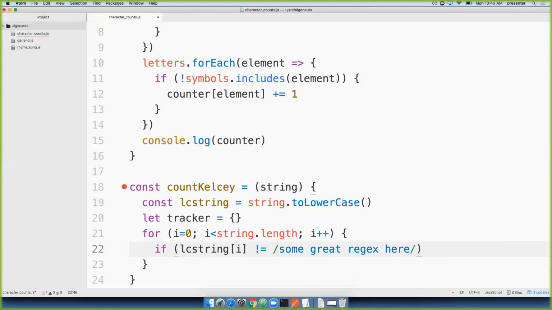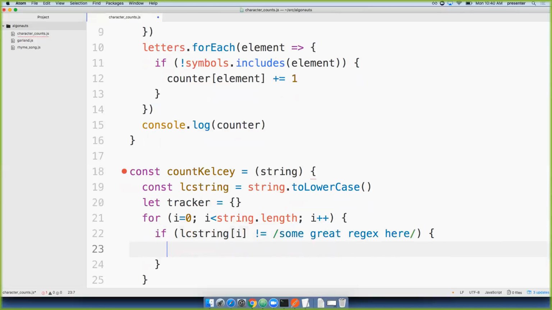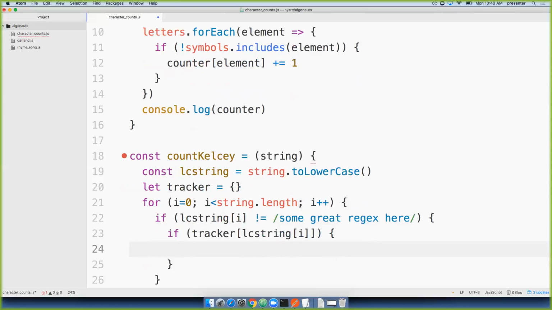And then next line is if tracker, LC string, bracket LC string i, and then at the end of the line, open the bracket, curly braces, and then here I just add 1 to, I'll speak it out actually, tracker, bracket LC string i plus equals 1.